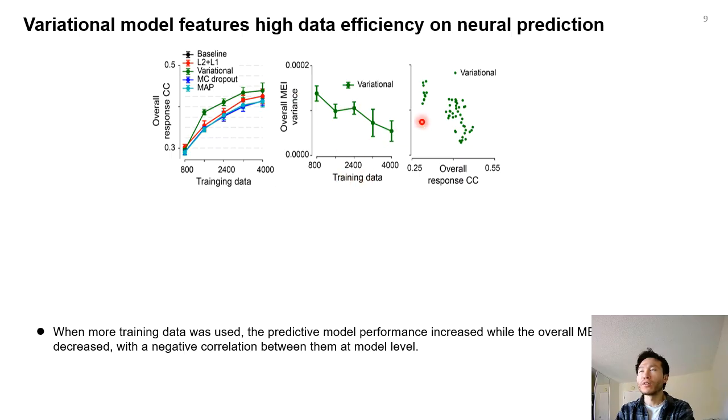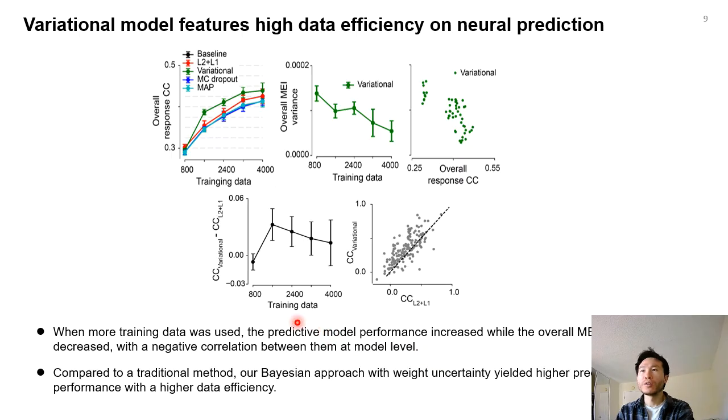So again, a negative correlation between the overall MEI variance and the model performance. So when more training data was used, the predictive model performance increased, while the overall MEI variance decreased, with a negative correlation at the model level.